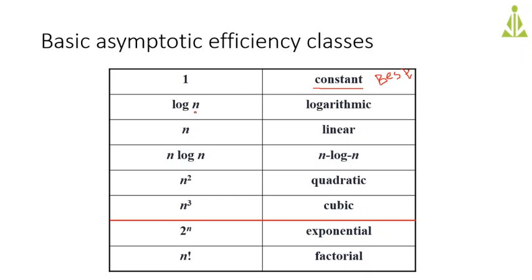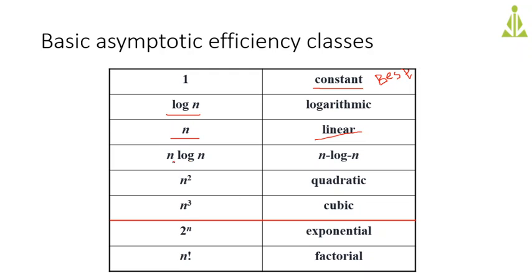And next, log n, logarithmic. Log n is a little bit greater than constant. After log n it will be n. n is linear, it is greater than log n, so it is going from best to worst.